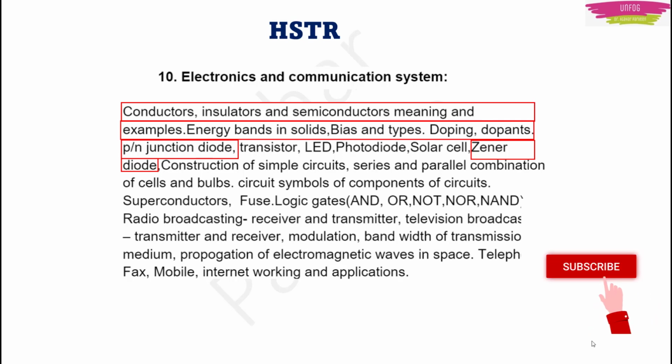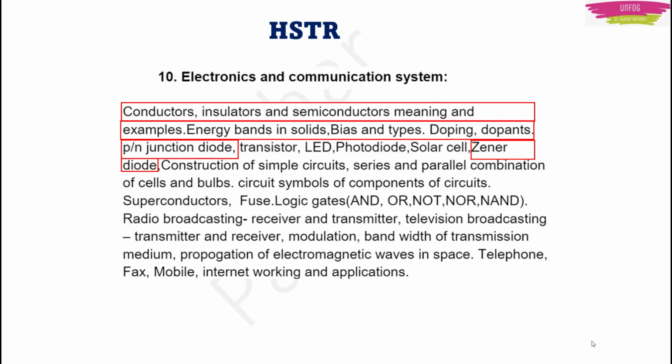Without understanding these concepts, the present class which I am teaching now will look very blunt to you. You will not understand many things from this class if you have not attended the previous class. So please go and attend the previous class first. I will give the link in the description also. You click the link in the description and first watch the first video of this electronics chapter.